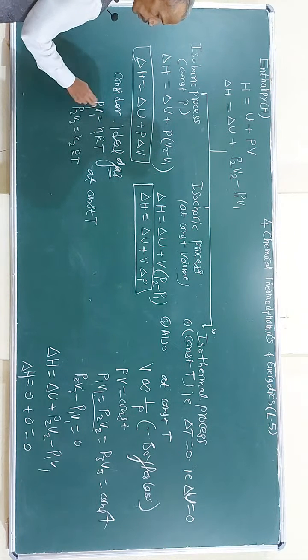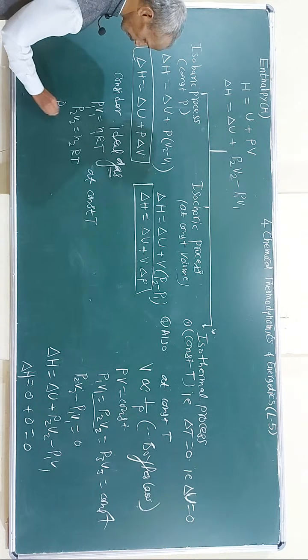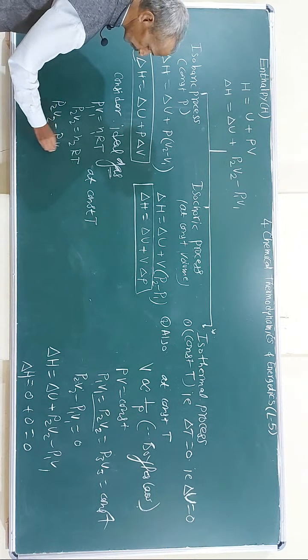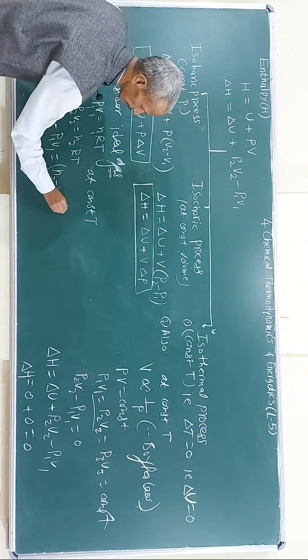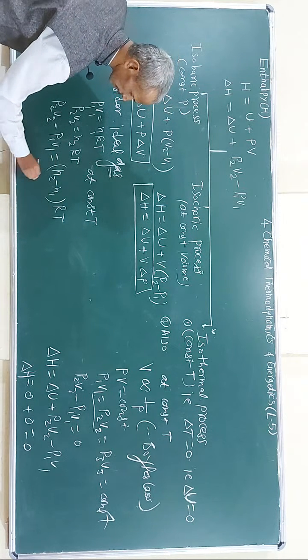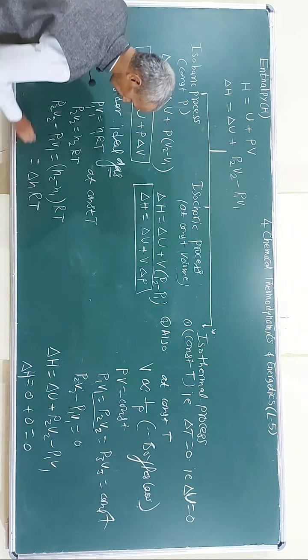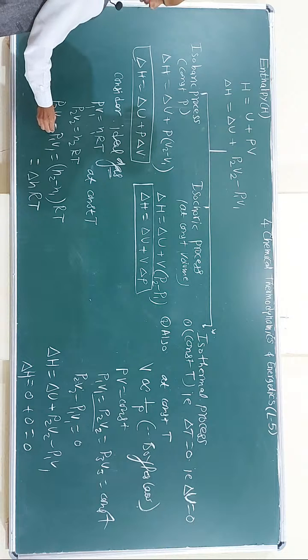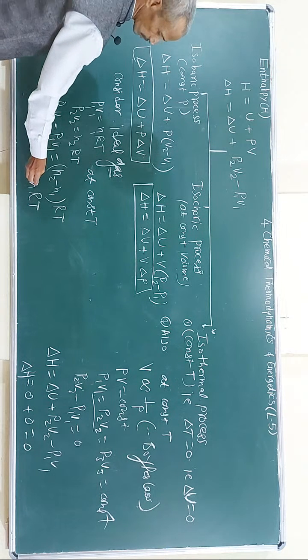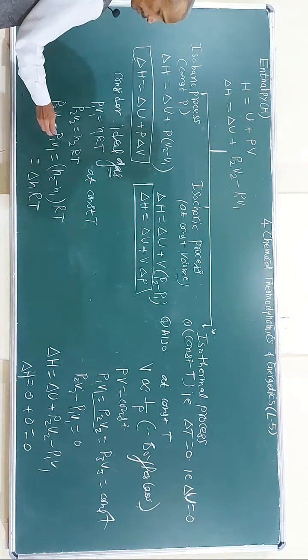So P2 V2 minus P1 V1 is equal to n2 minus n1 times RT, or this is delta n RT. Right? Here P2 V2 minus P1 V1 is equal to delta n RT.